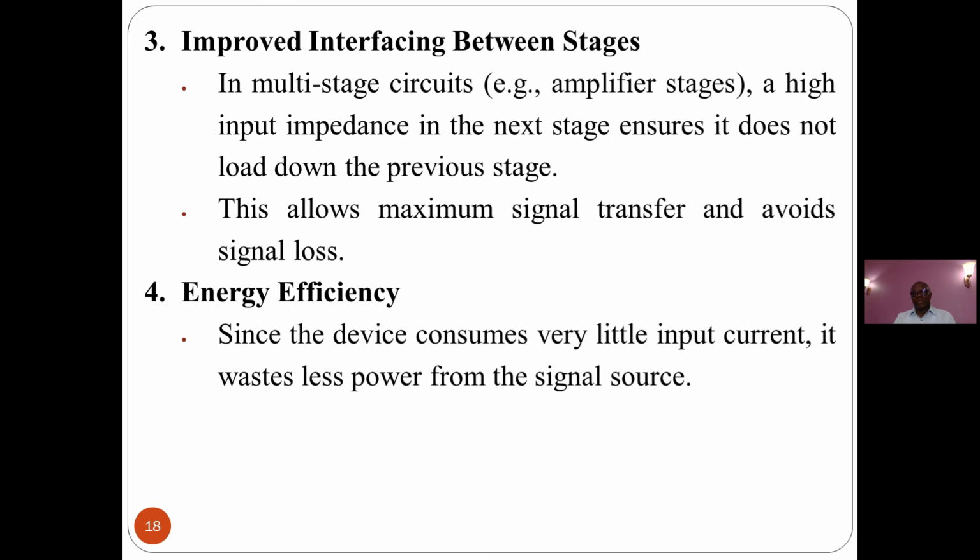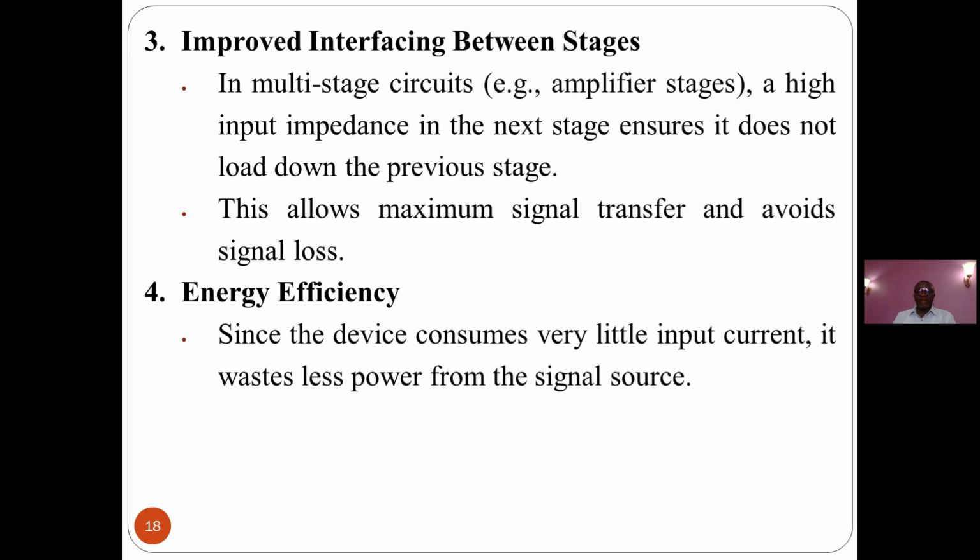It will be like a seamless maximum power transfer from one stage of the amplifier to the next. So it improves the interfacing between the different stages, more especially in radio communication systems where you have multiple stage amplifiers. And of course, by doing so, it has high energy efficiency.